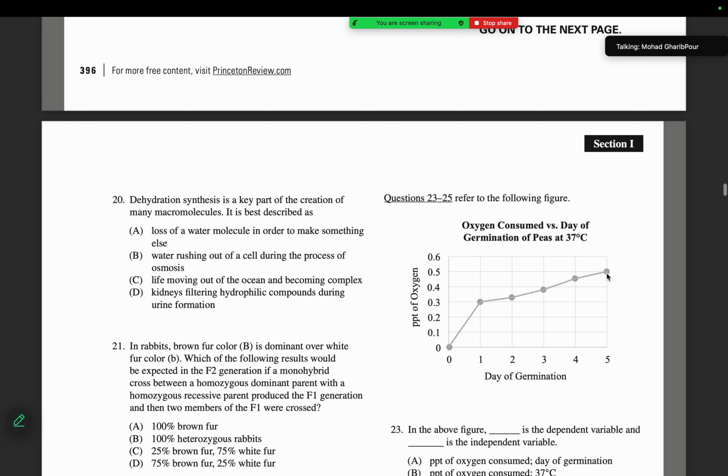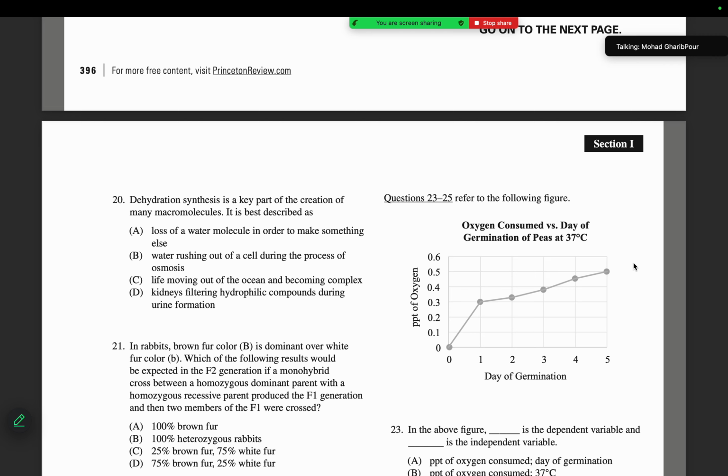Looks like a linear increase. Like 1, 2, 3, 4, 5.